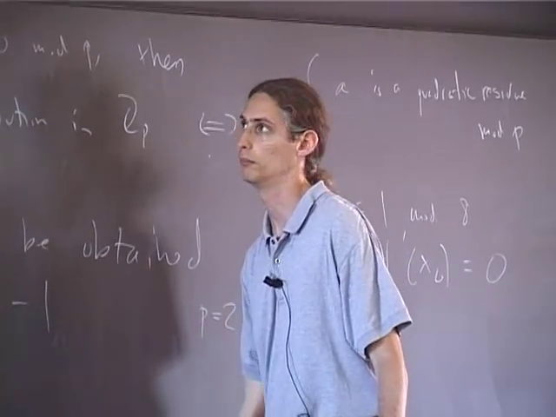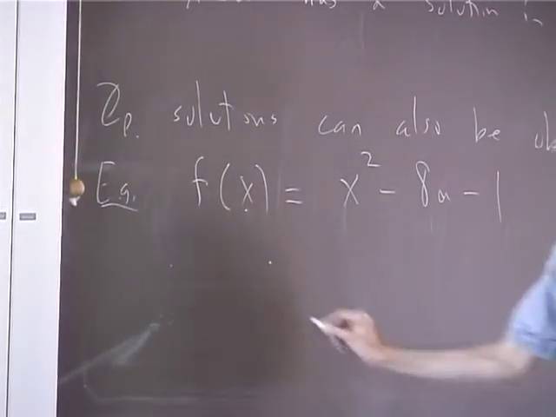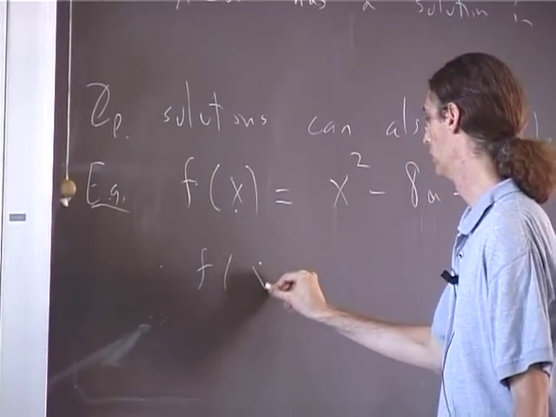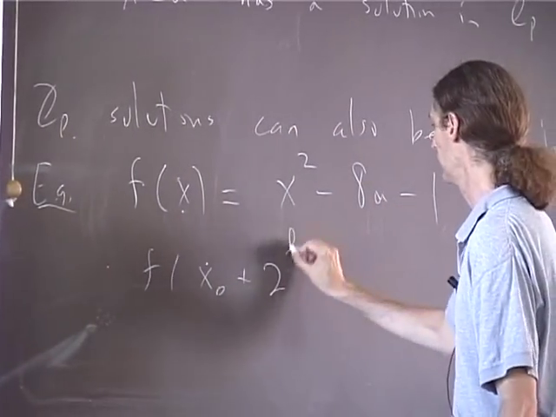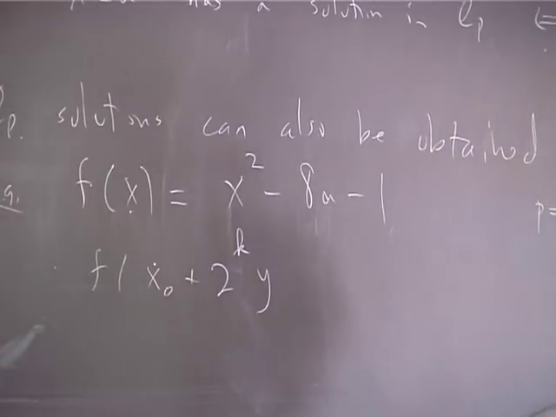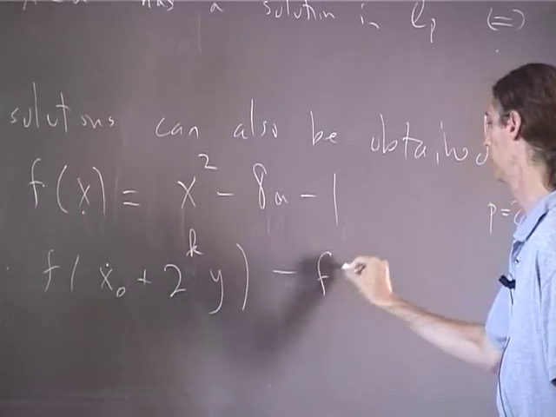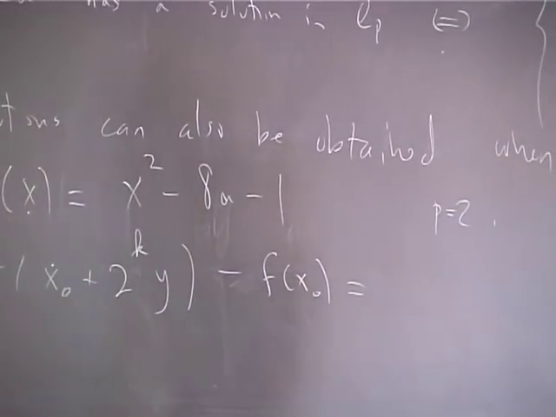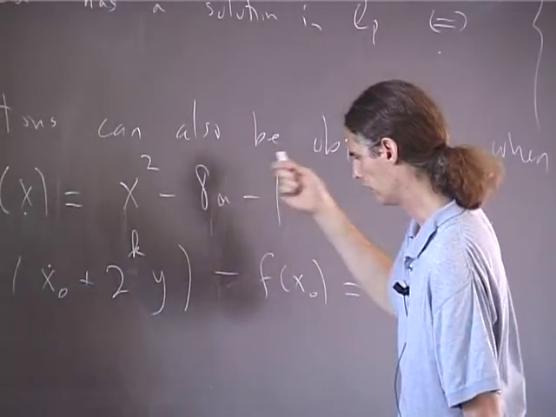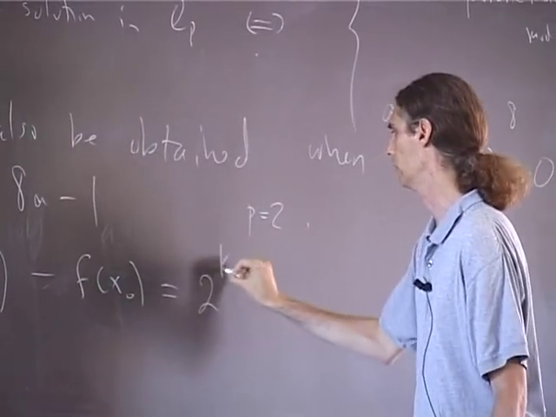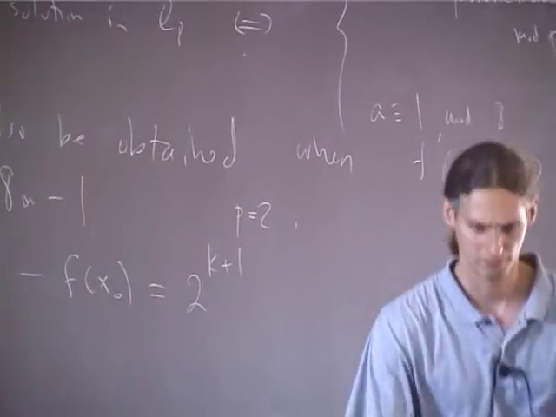So then you just write down something like f of x plus something, 2 to the k y or some such thing might give something good. Let's just subtract. You have to expand this, and so you get 2 to the k plus 1.